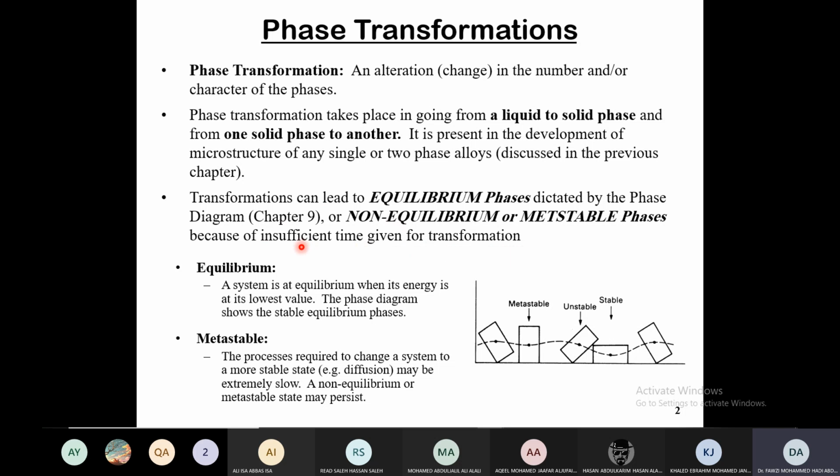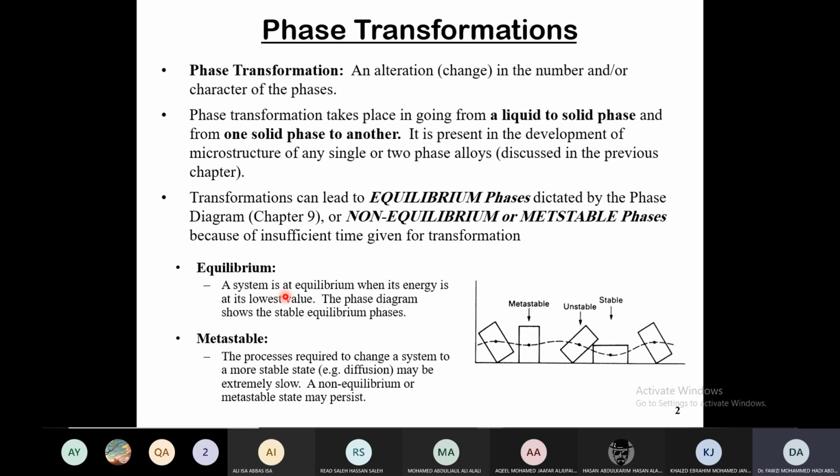Why did we call the phase diagram an equilibrium phase diagram? Because we leave enough time for the transformation to complete. Now, if we don't leave enough time, insufficient time for the transformation to complete, we will produce non-equilibrium or metastable phases.